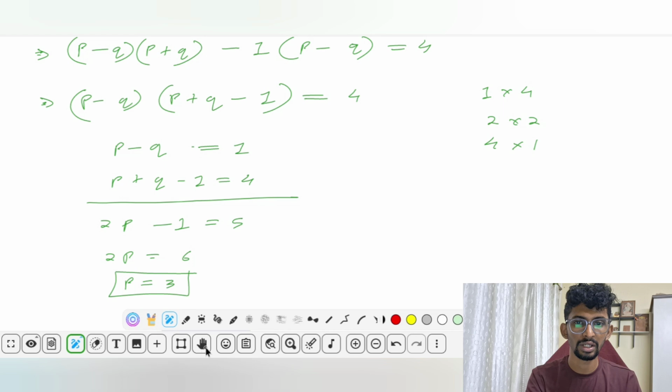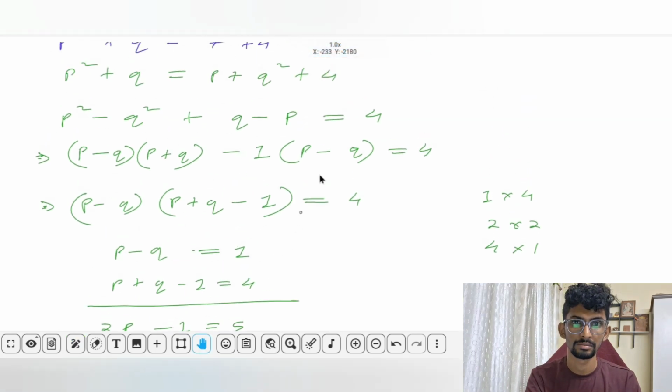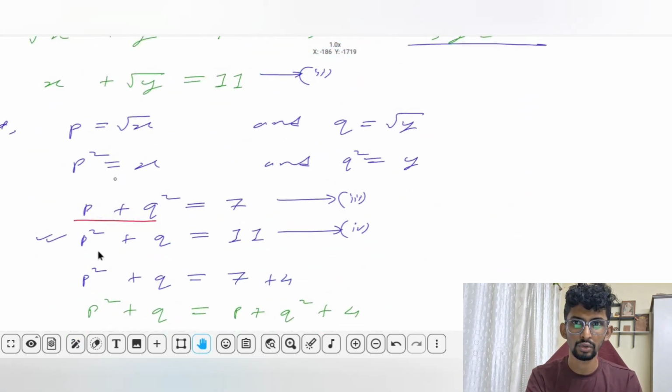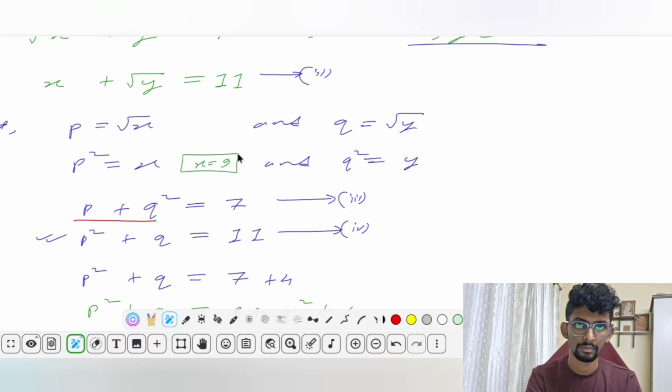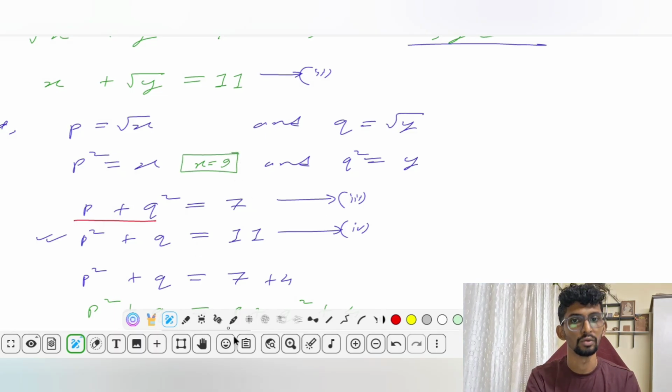Now if p is 3, let us check what will be x. So if p is 3, x will be 9. Now let us check q.